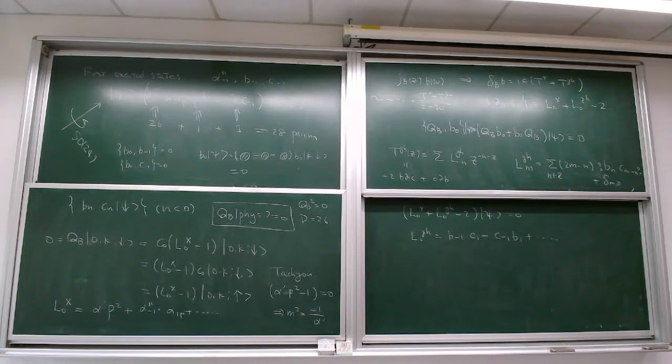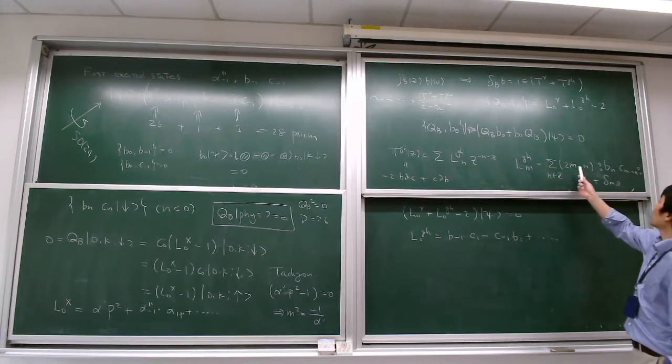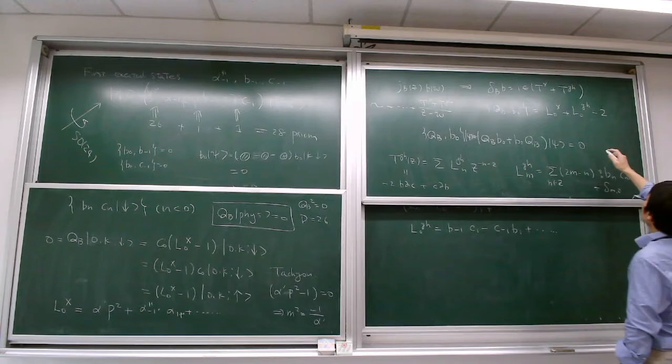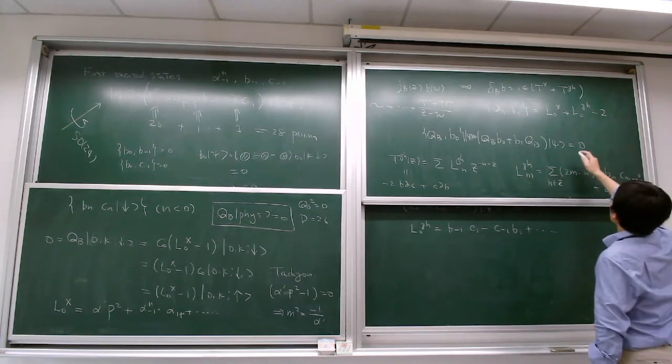A minus 1 term should show up. But why is this not correct? Just a moment. So I'm taking m equal to 0. This should be minus. And n, so let's do it honestly. So this should be m equal to 0.